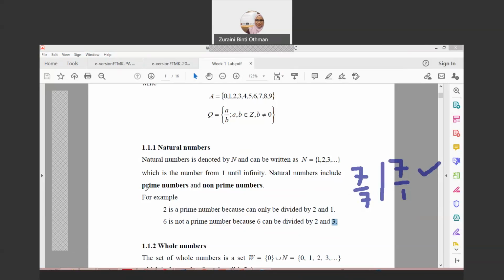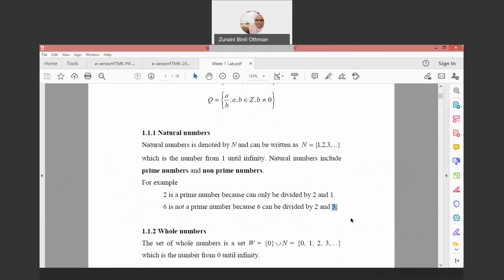Okey, kalau kita ada contohnya 24. 24 boleh bahagi dengan 2. 24 boleh bahagi dengan berapa lagi? 12. Okey, kalau kita dah dapat dia boleh bahagi dengan nombor selain diri dia, satu nombor je dah cukup menyatakan dia bukan prime number. Okey, so harap faham.